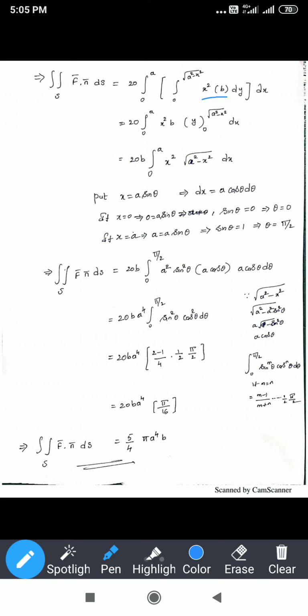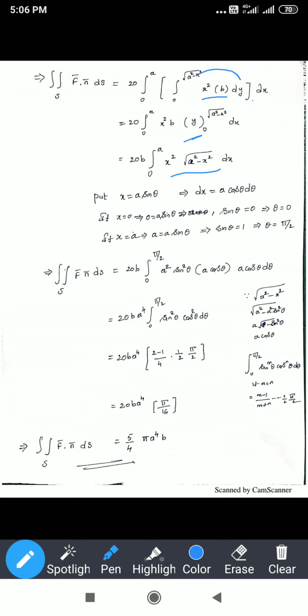Now do the integration with respect to y. So x square b keep outside, and the integral of dy is y. Here the limits are 0 to square root of a square minus x square, and substituting the lower and upper limits, you get this value.